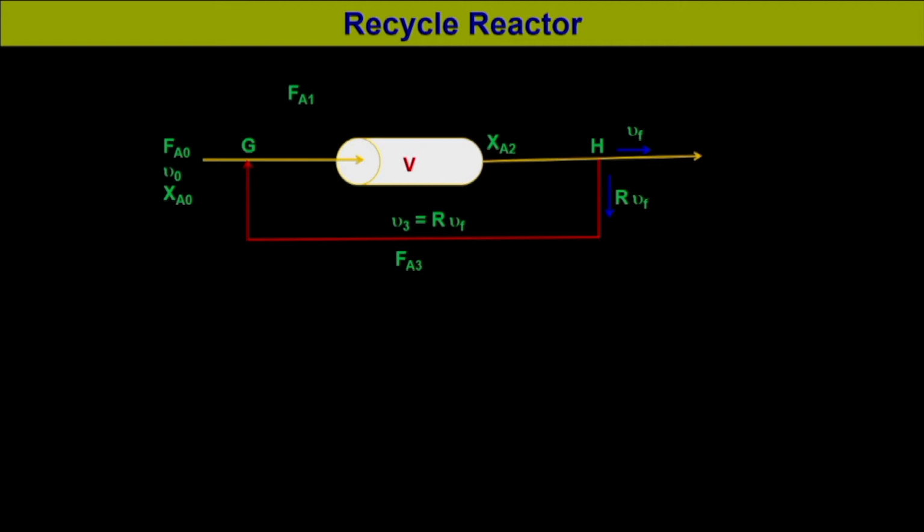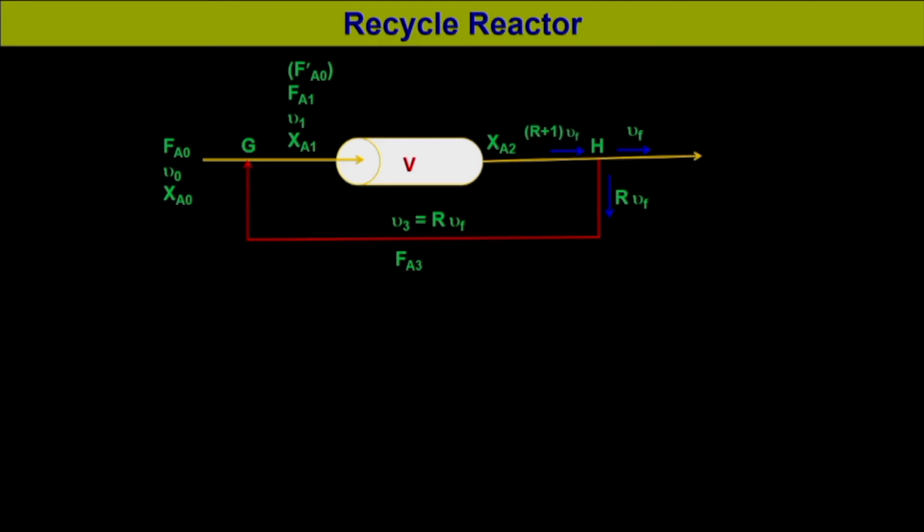Due to the addition of the recycled feed, Fa1 would be Fa naught dash, which comes with the fresh feed and the recycled feed, and the volumetric flow rate is V1 and conversion is Xa1, because with the fresh feed at conversion Xa naught, you have some converted feed coming in, so it changes to Xa1.